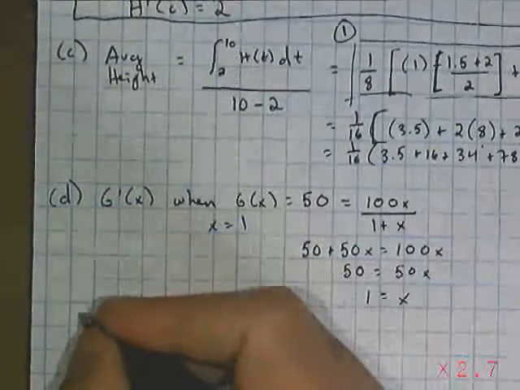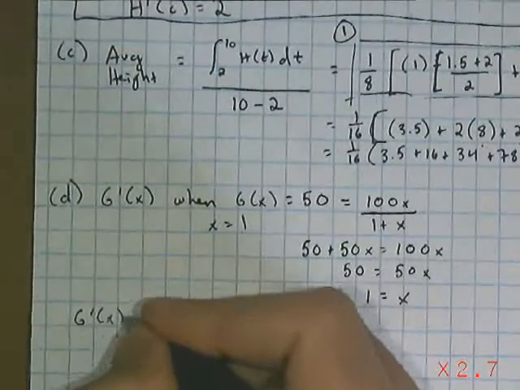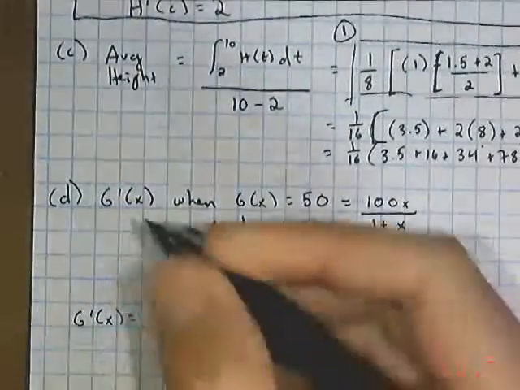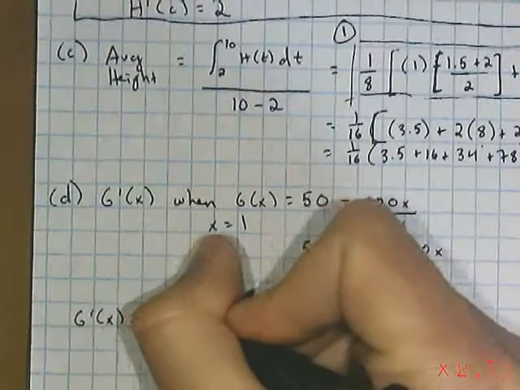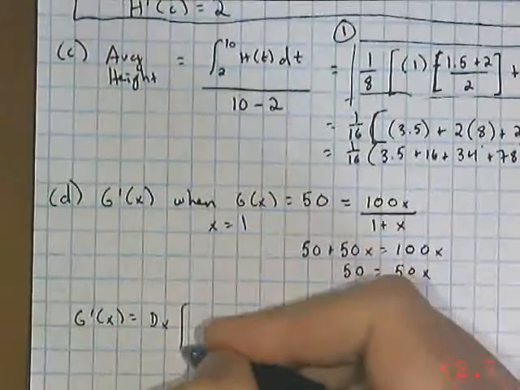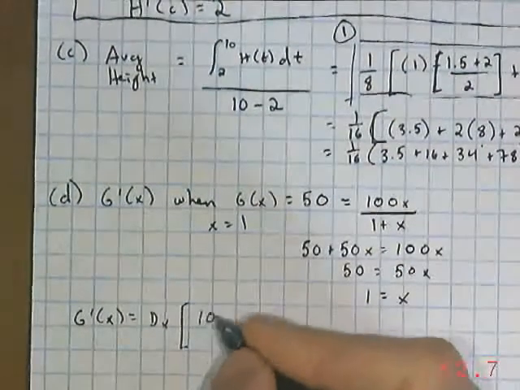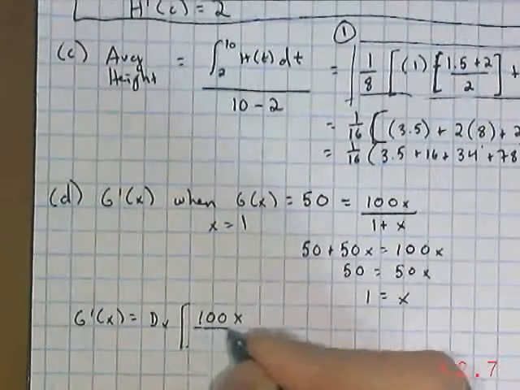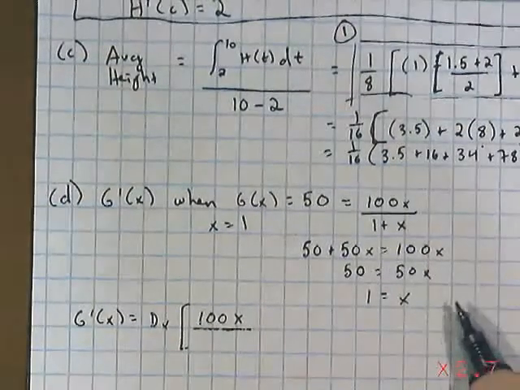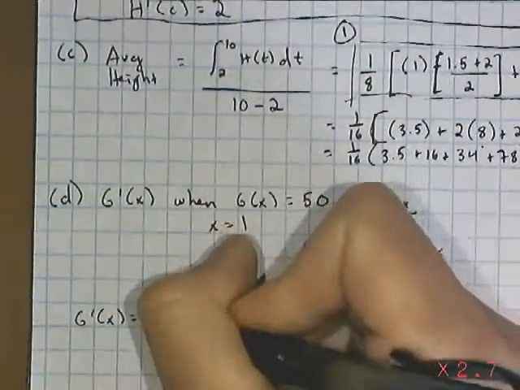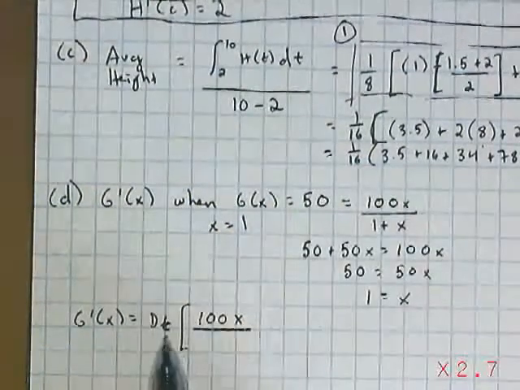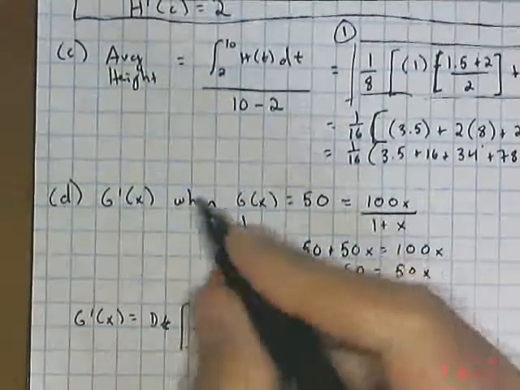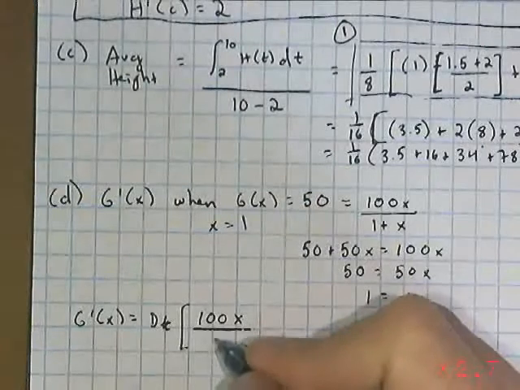So g prime of x is equal to the derivative with respect to t of 100x over 1 plus x.